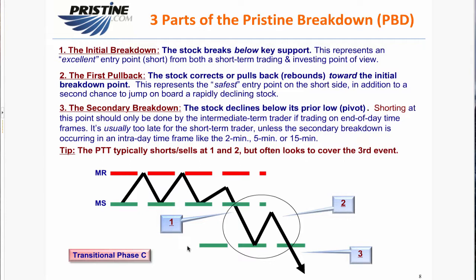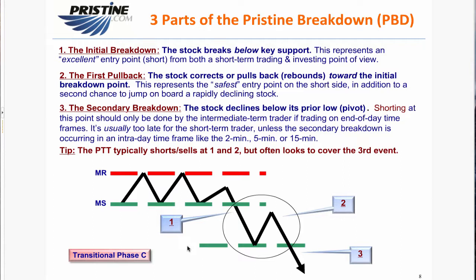And then you have your secondary breakdown, which, again, as I said before, to me is more of a confirming signal, but as a more intermediate term trader, it is something that you might use as a signal. Or even if you trade options, for example, maybe you missed that initial pullback, but then you see that secondary breakdown occurring.